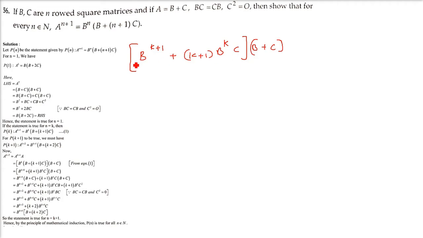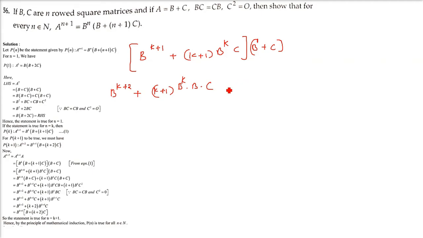b multiplied with b raised k plus 1, b raised k plus 1, the power is added, b raised k plus 2 will be there. This is k plus 1, b raised k, and b raised k into b into c, or c into b. Because bc, cb are same, that is why I am writing interchangeably.